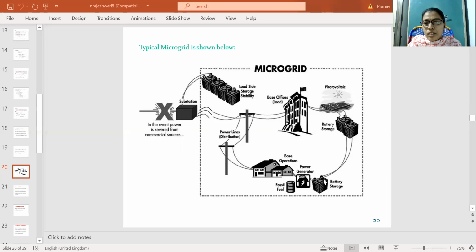This is stored in batteries. So these are coupled with photovoltaic and fossil fuel battery storages, and they also supply some of the power to the loads, like consumers and house appliances. So this is the pictorial diagram for a microgrid.